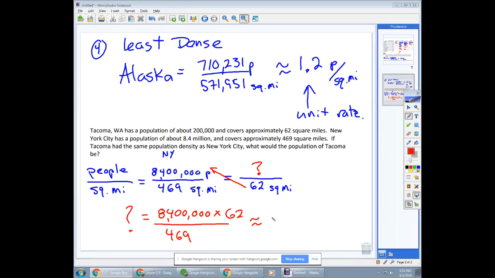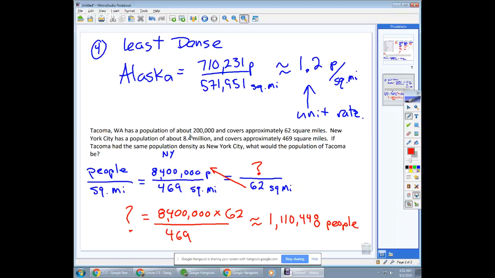So I get about 1,110,448 people would have to live in Tacoma. Tacoma has about 200,000 right now. So I think 5 times 2 is 10. So we would have to have 5 times more people move to Tacoma to make it as dense as New York City.